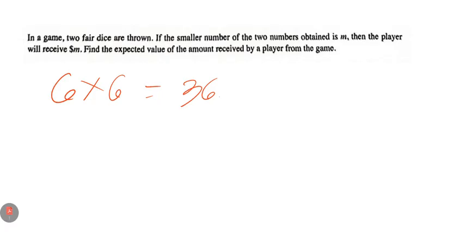M as the min of D1 and D2, where D1 and D2 are the results of the two dice.